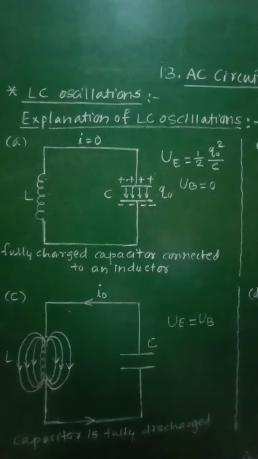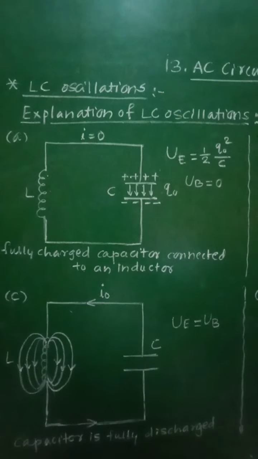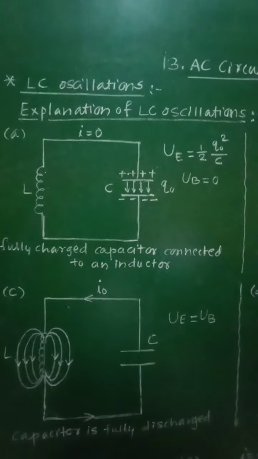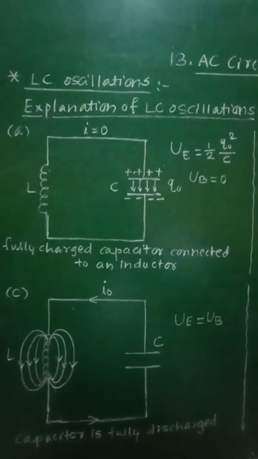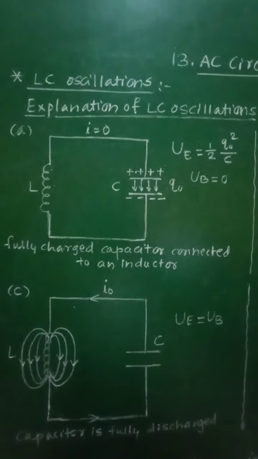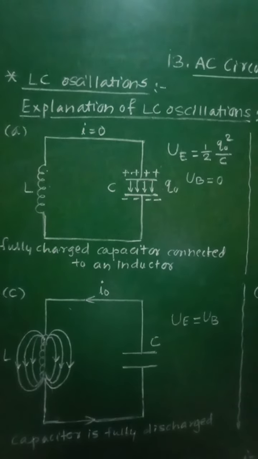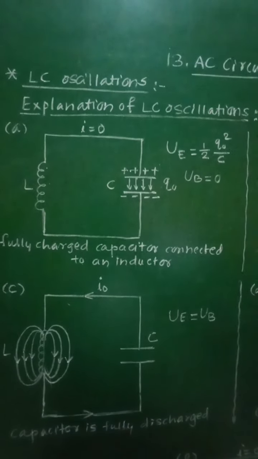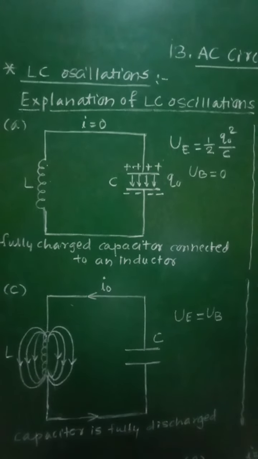Due to the increasing current, there will be change in magnetic flux of the inductor in the circuit, and hence, according to Faraday's law, induced EMF is produced in the circuit.